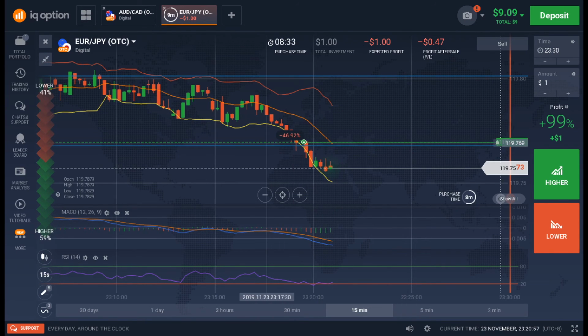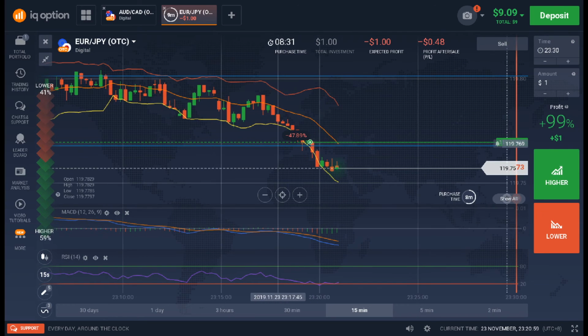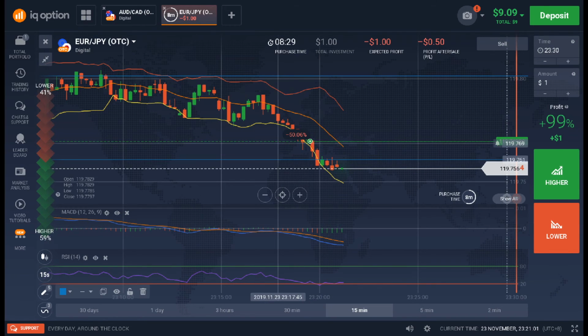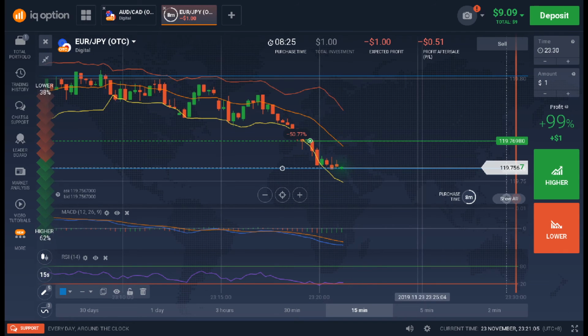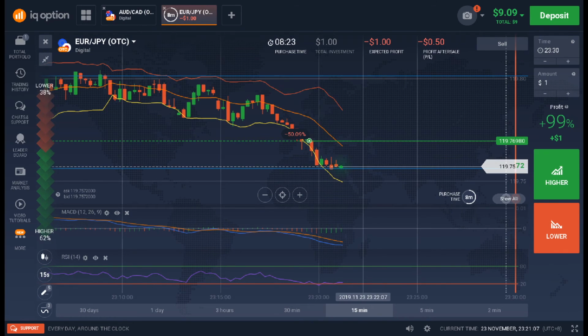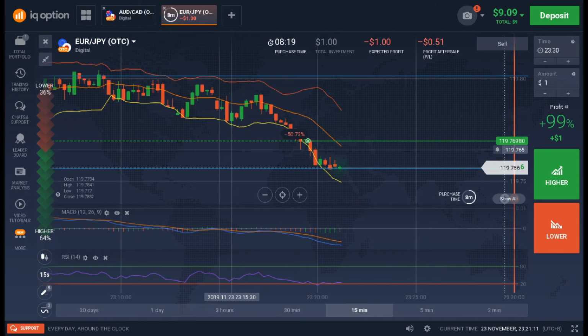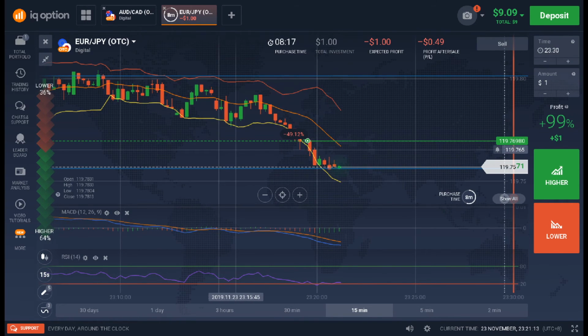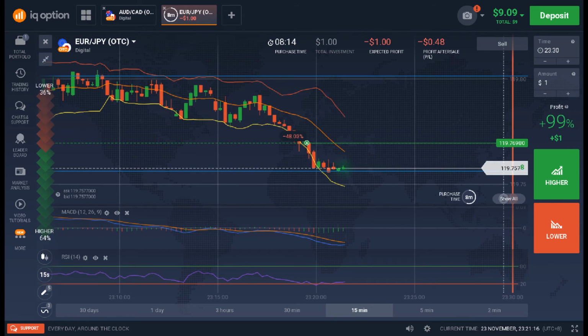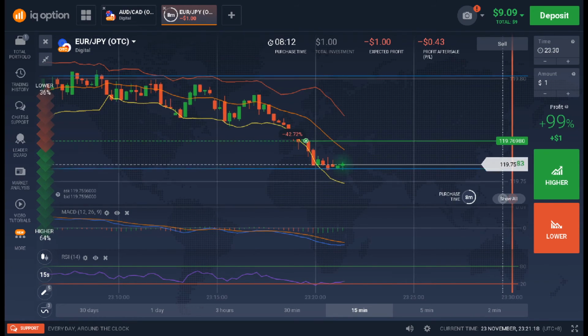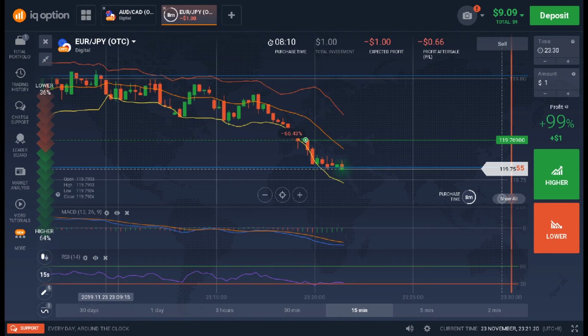Let's put that one here. Let's see if it will break this line over here. That's the next possible support it's trying to challenge. You see that?